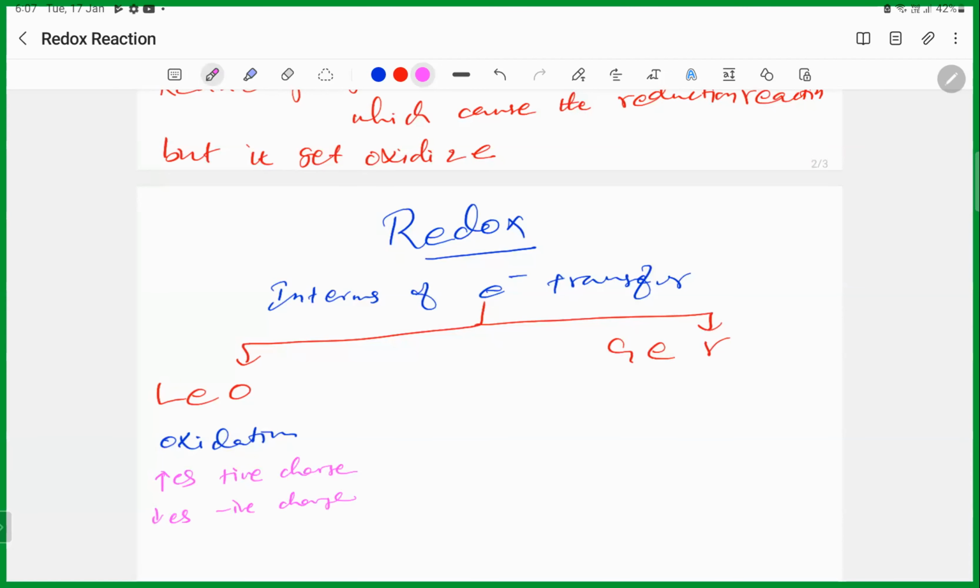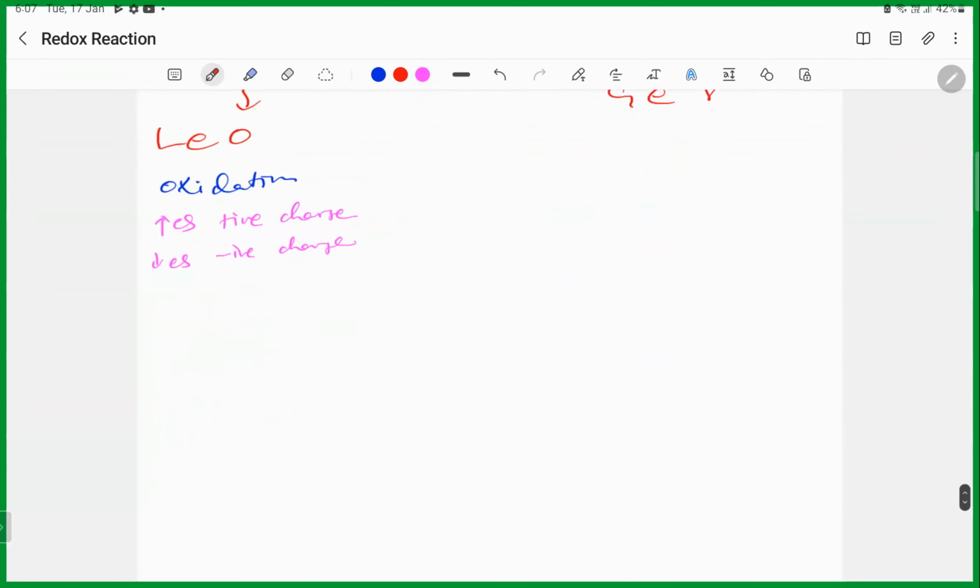For example, magnesium becomes Mg2+ plus 2 electrons, loss of electrons, oxidation. S2- becomes S plus 2 electrons, so it is also loss of electrons, and the negative charge decreases from minus to 0.